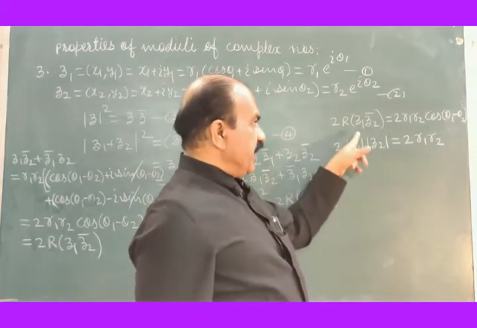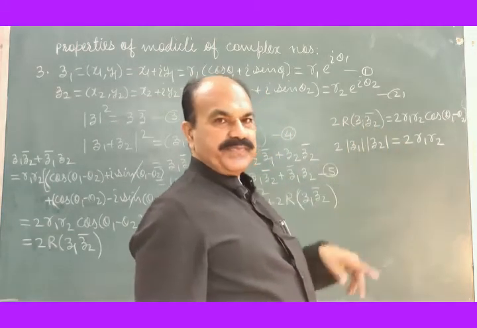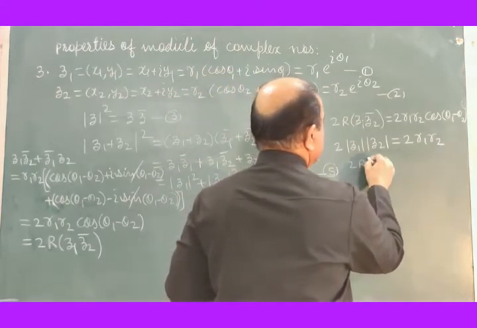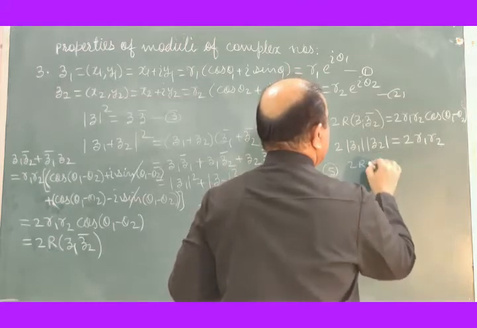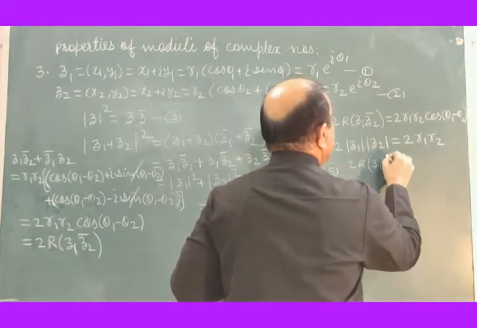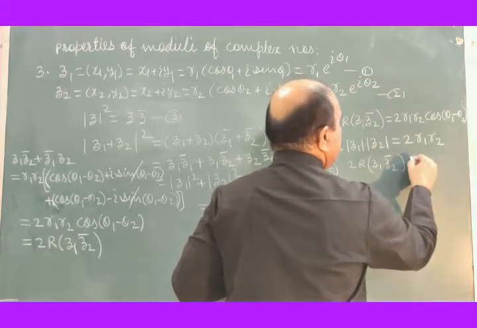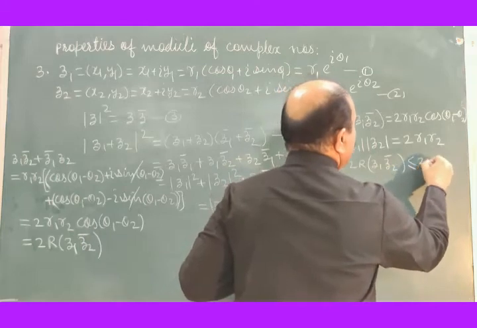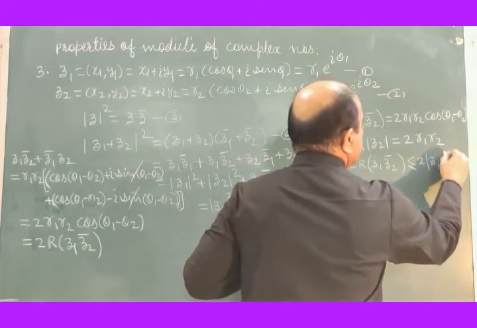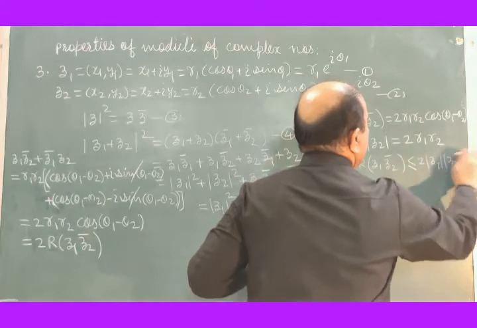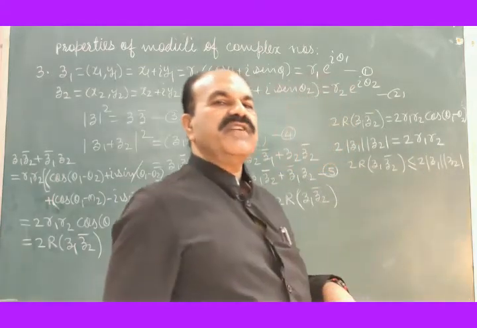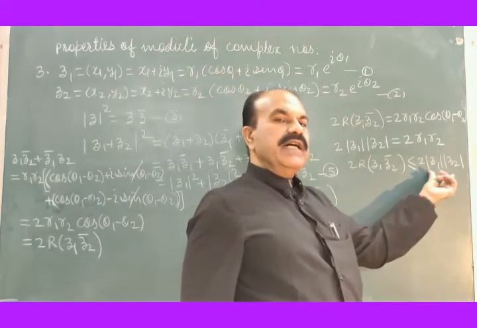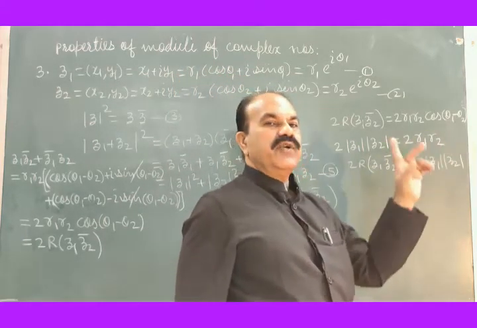And therefore, if you are asked to compare these two, we can write 2 R Z1 Z2 bar is always smaller than or equal to 2 times modulus of Z1 into modulus of Z2.